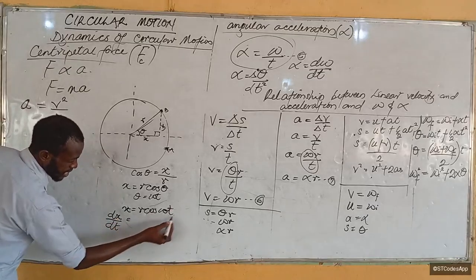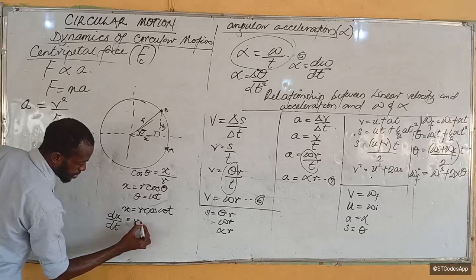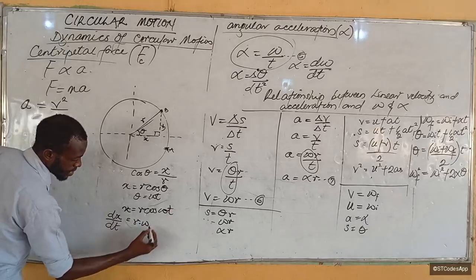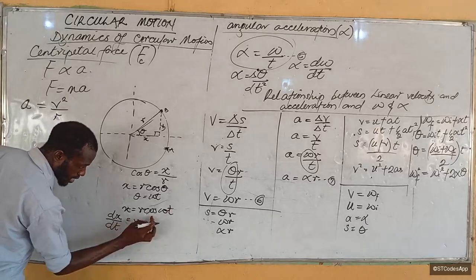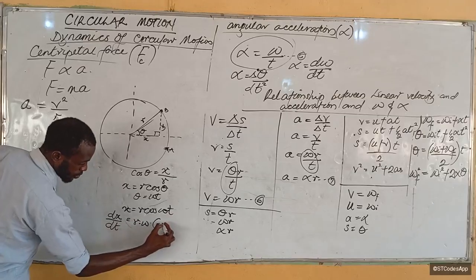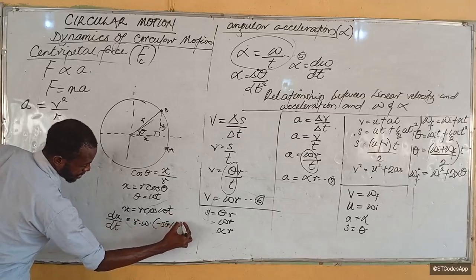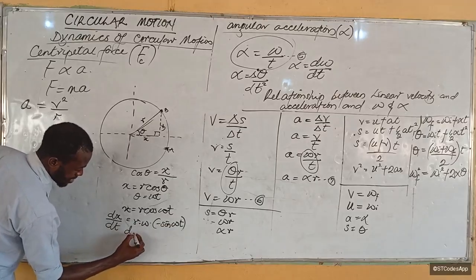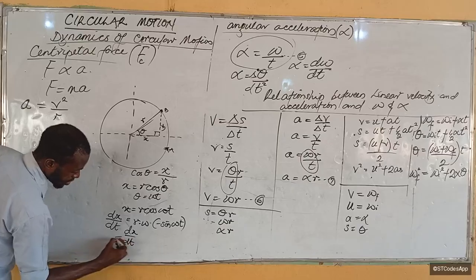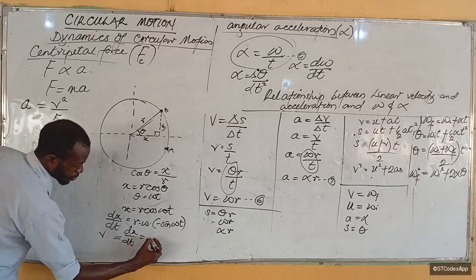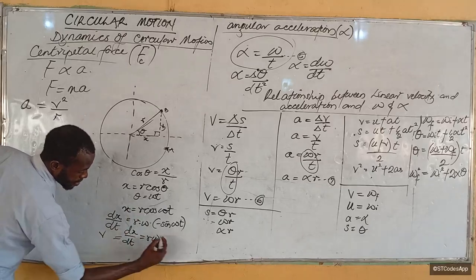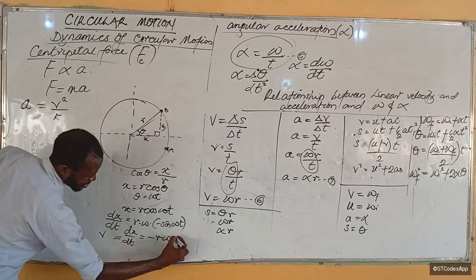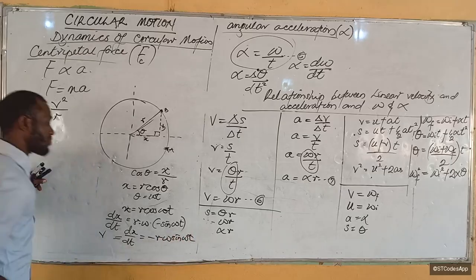If I take dx dt here, I differentiate this, r is here, I differentiate this with respect to t to remain only omega, and differentiate cosine of an angle. The cosine of an angle will give you negative sine of that angle. Okay, so this multiplies this and we have dx dt, which in this case is velocity, is equal to negative r omega sine omega t.